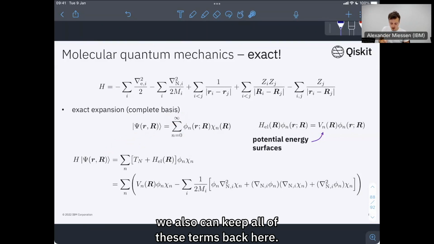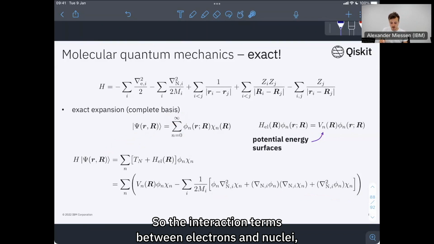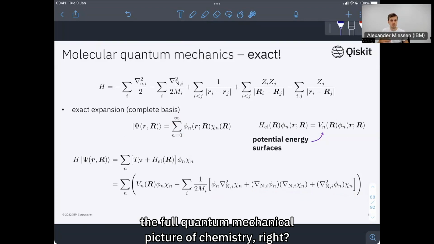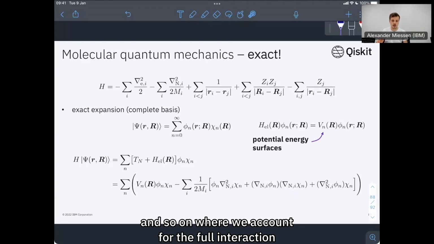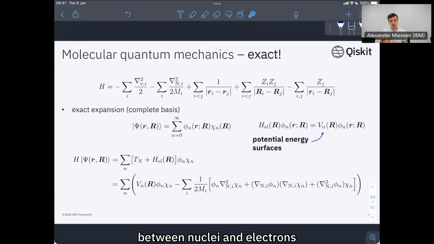But now, of course, we also can keep all of these terms back here, so the interaction terms between electrons and nuclei, and this will then give us the full quantum mechanical picture of chemistry of molecules and materials and so on, where we account for the full interaction between nuclei and electrons as it would have to be done when you want to solve this problem exactly.